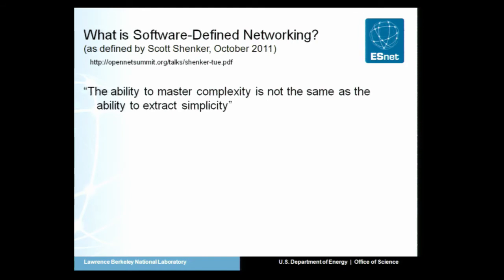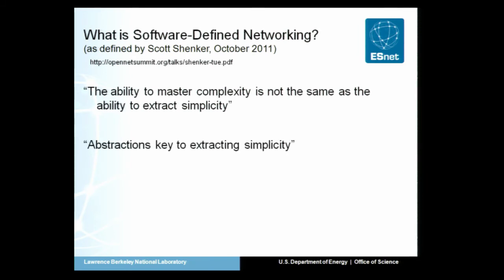What we have to say is that we now need to look at extracting simplicity. The network is going to be complex, just by the nature of the network, it is going to connect a whole bunch of things. But for the applications, what we need to do is to extract simplicity and present it to the applications. Next.